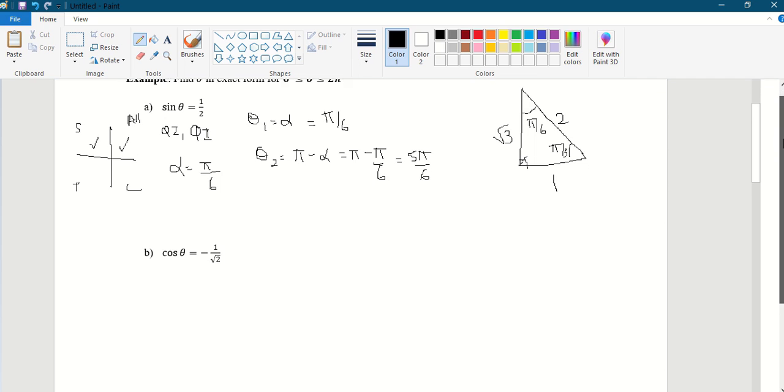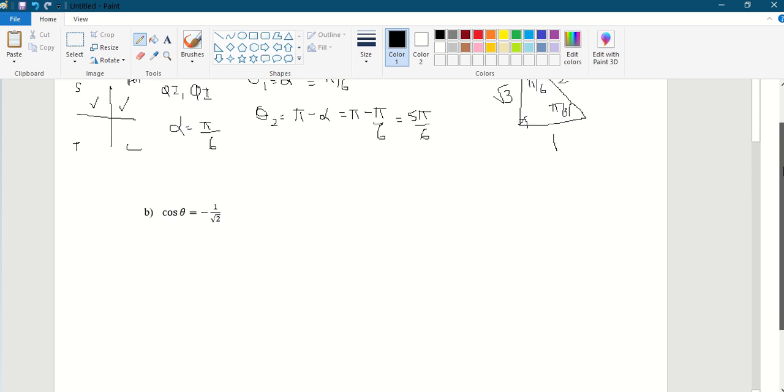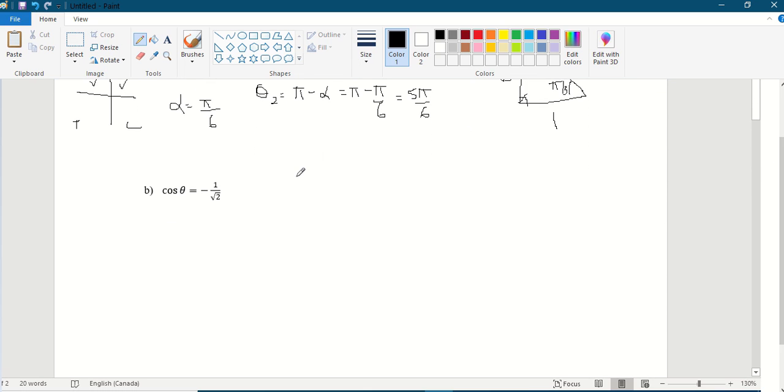Let's look at another one. We are given cos theta equals negative 1 over root 2. So again, let's quickly sketch this using the CAST rule. Cos is negative in the second and third quadrants, so we can say quadrant 2 and quadrant 3.